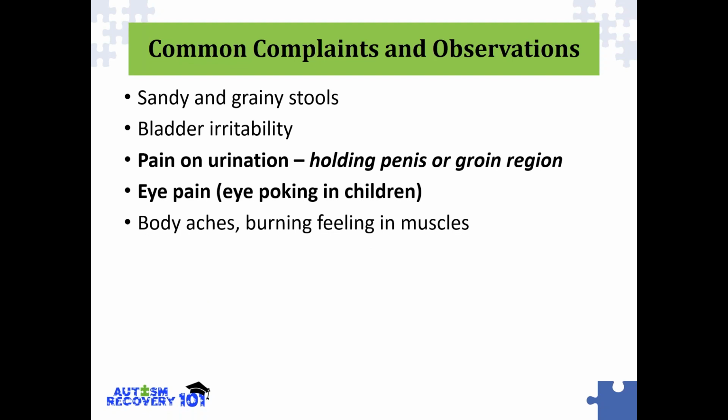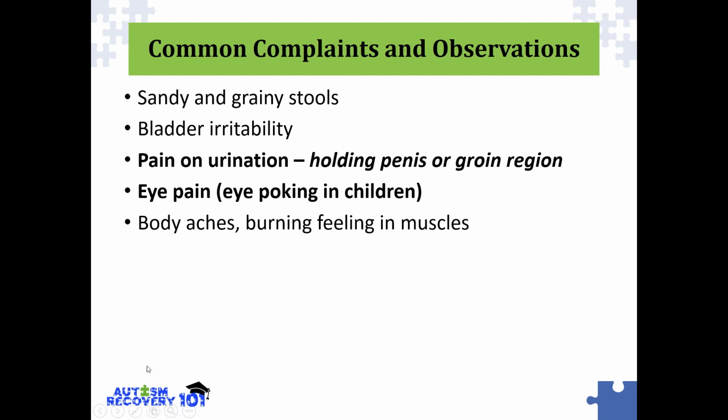One of the reasons we recommend calcium after going off, or when you take your child off of dairy, for example, is because many kids are calcium deficient, but calcium can also be complexed with oxalates in the body, and it can cause eye pain. So when there's a calcium deficiency, it has been associated with eye pain and in some extreme cases, poking at the eyes.